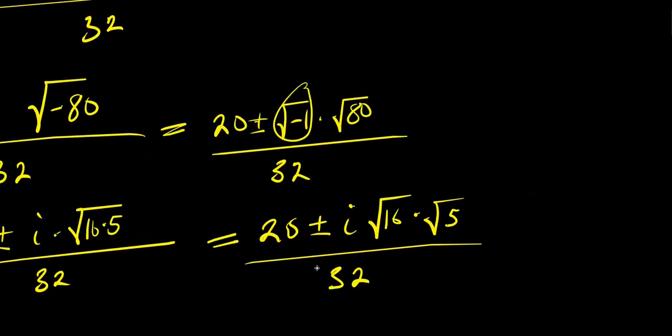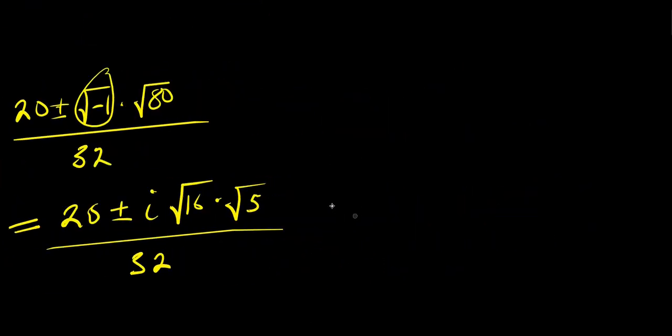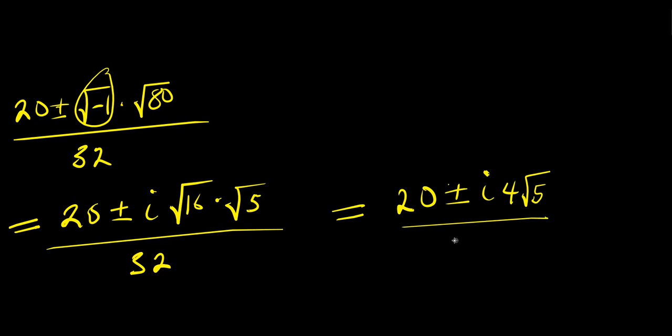So from here, this will give us 20 plus or minus i times square root of 16, that is 4, times root 5, divided by 32. So 4 can divide this up once. Divide this, we have 5. Divide this, we simply have 8.